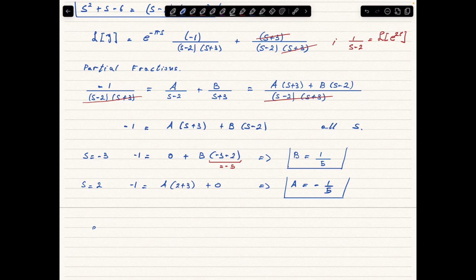What we have is that the Laplace transform of the function we are looking for is actually the exponential of negative pi s, and then we are going to have, we need to be careful where we place each constant. -1/5 goes with 1/(s minus 2), all multiplied by the exponential, and then positive 1/5 goes with 1/(s plus 3).